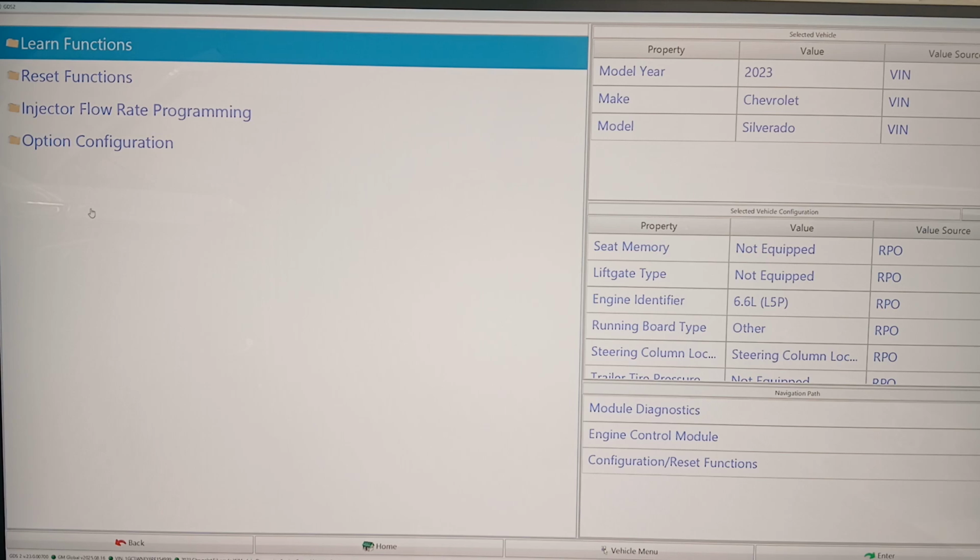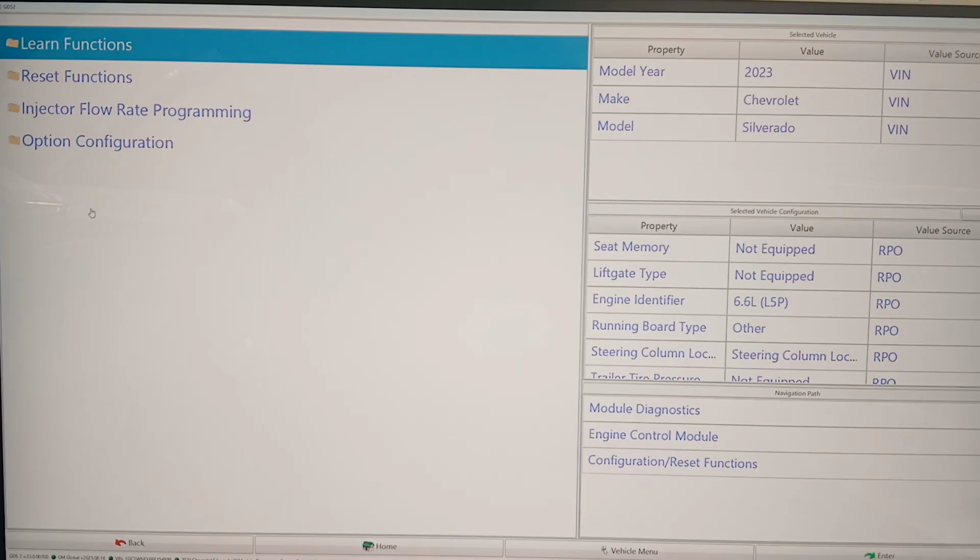If I don't program the injector, here's what we're doing. We're telling the engine control module, hey, this is the flow rate of this new injector. That tells the ECM, hey, we've got a new injector in the cylinder, this is its flow rate, this is where it's calibrated.